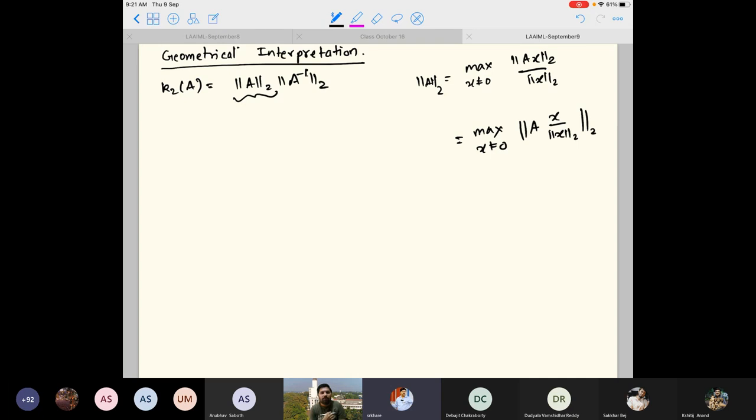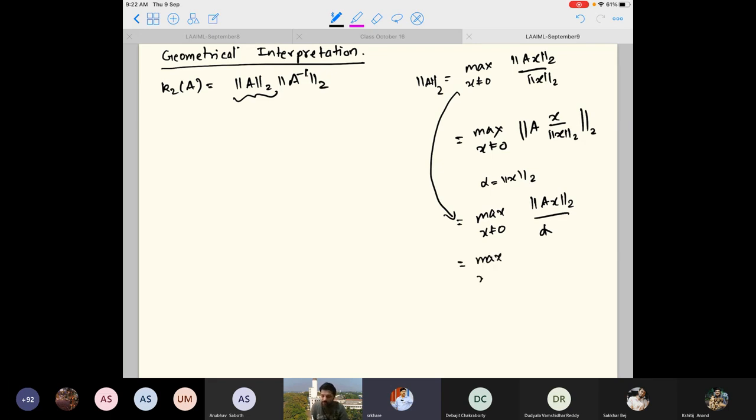What property of norms have I used? You can consider alpha equal to the norm of X. Then this statement really is the maximum over X not equal to 0 of the norm of Ax divided by alpha, correct? And that alpha being a scalar, I can take inside.